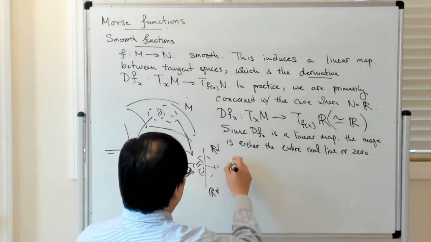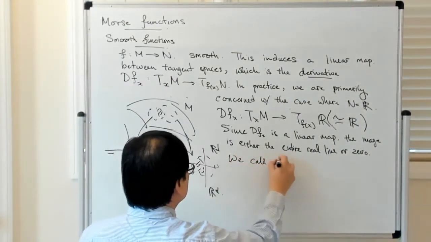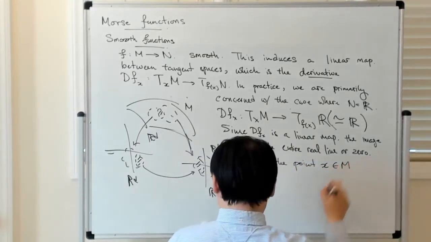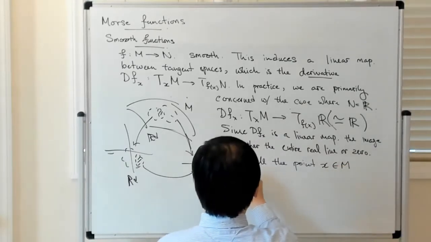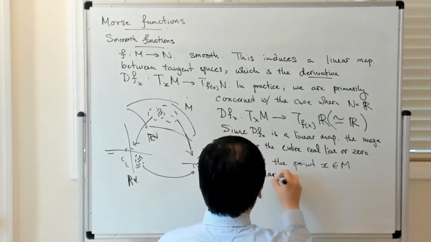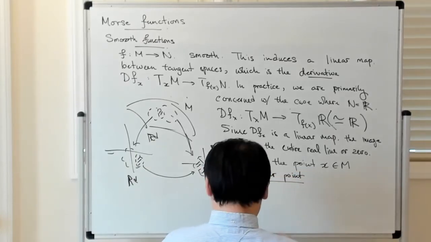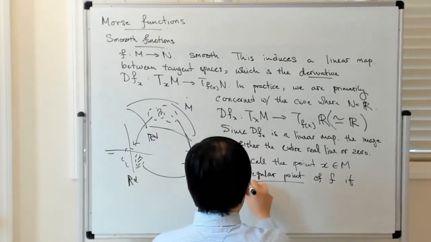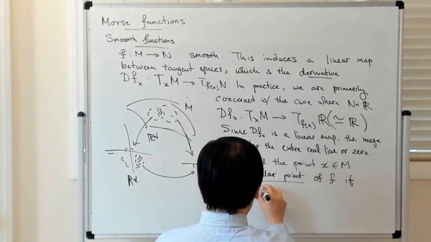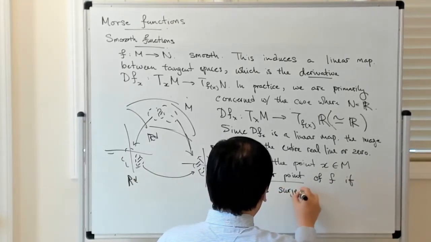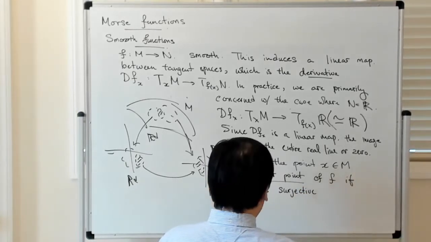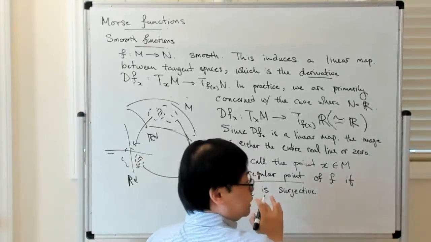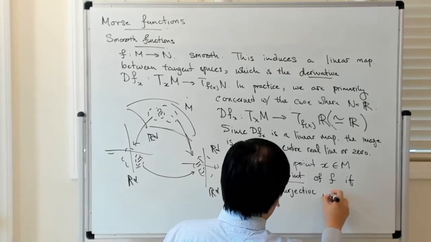We call the point x on the manifold a regular point if df at the point x is surjective, which means it's onto, that the image of df at the point x is the entire real line.